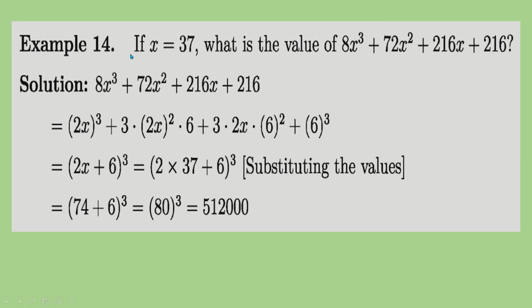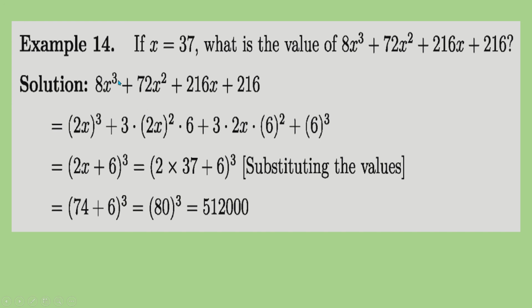Example number 14. If x is equal to 37, what is the value of 8x^3 + 72x^2 + 216x + 216? The given condition is this, and to find the value of this part, we have to use a formula. At first we have to make the formula.